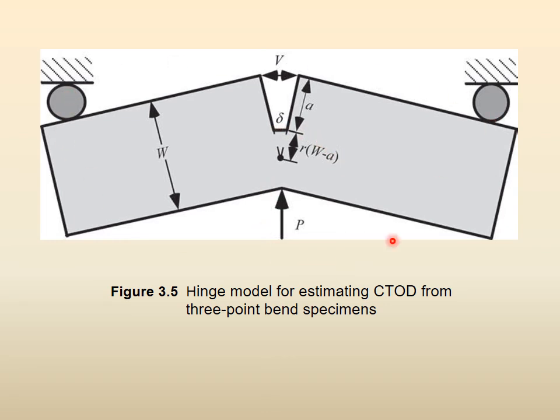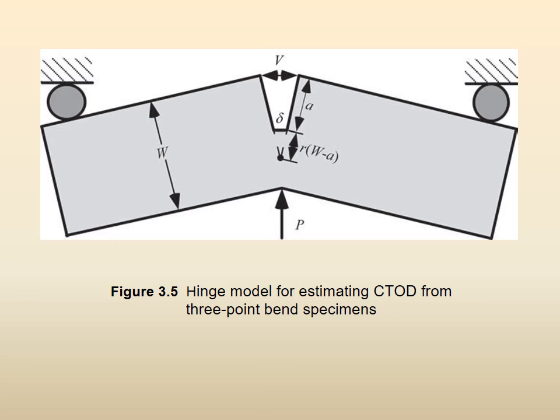And the 3-point bend with P here, right? So now you don't have to go inside the crack to measure delta. You measure V at the very opened side of the crack, and by the equation find delta as defined in the previous equation. So this is a much more accurate way, right?